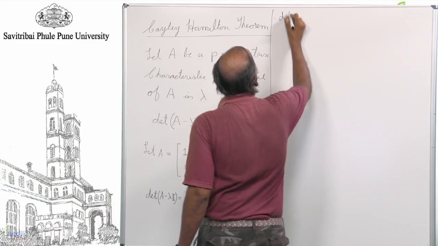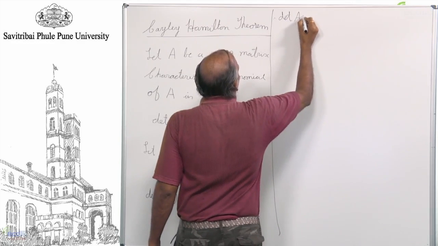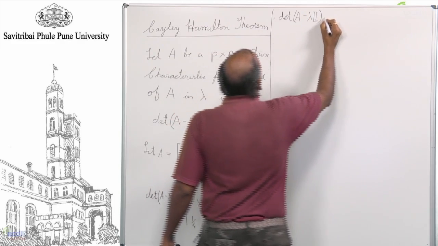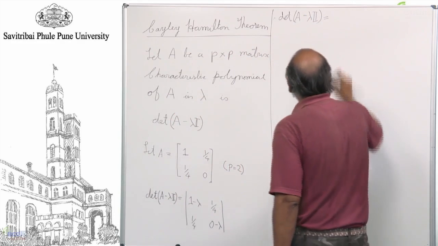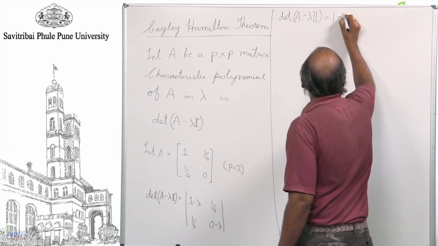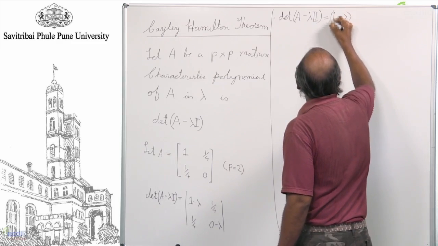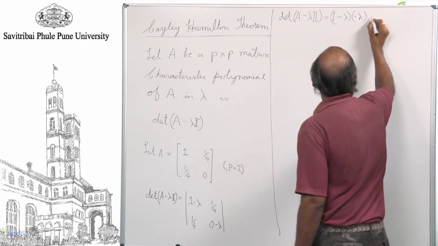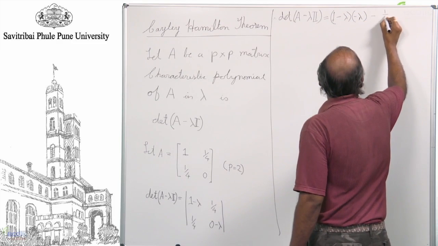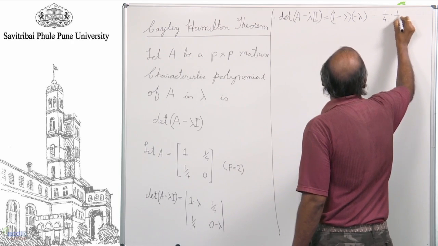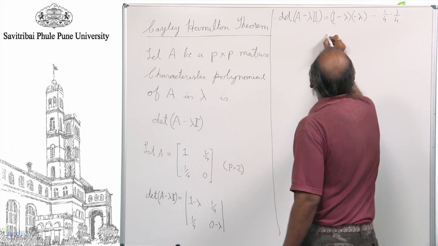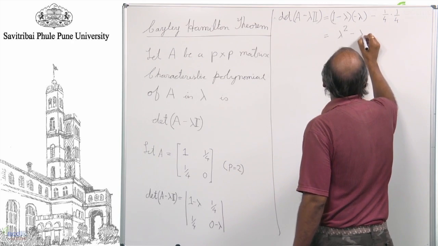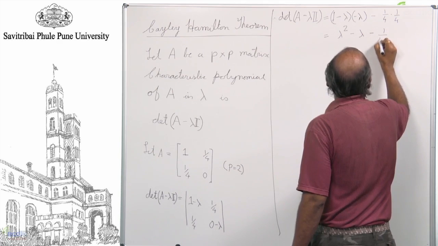Therefore, determinant of A minus lambda times identity would then be equal to 1 minus lambda into minus lambda, minus 1 upon 4 into 1 upon 4, which would then simplify to lambda squared minus lambda minus 1 upon 16.